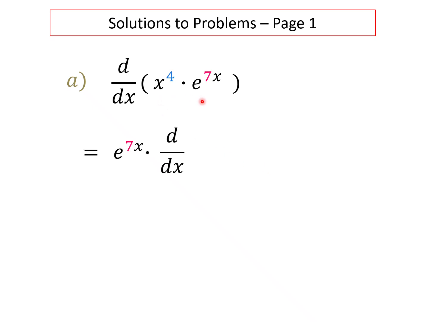Solution to problem number 1. Here d/dx of x^4 into e^(7x) is equal to e^(7x) into d/dx of x^4 plus x^4 into d/dx of e^(7x). Differentiation of one at a time.